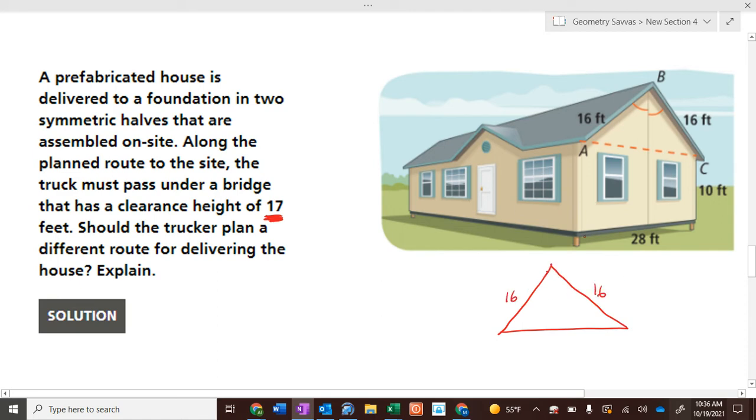What we got going here is we have an isosceles triangle at the top because it's 16 and 16. When you see a house go down the road, sometimes they have it split in half, two houses. Haven't you ever seen that going down the road where they have a house wrapped in plastic on one side, and then a little ways behind there they have the other half going down the road? A semi is pulling it. Well, they screw it together. They don't glue it together.